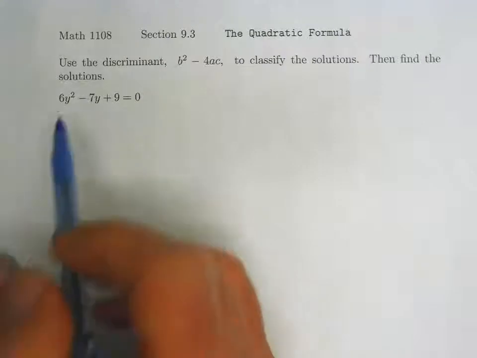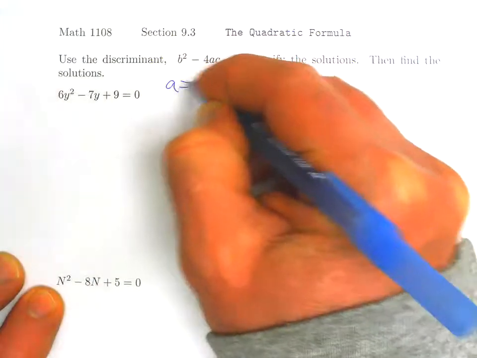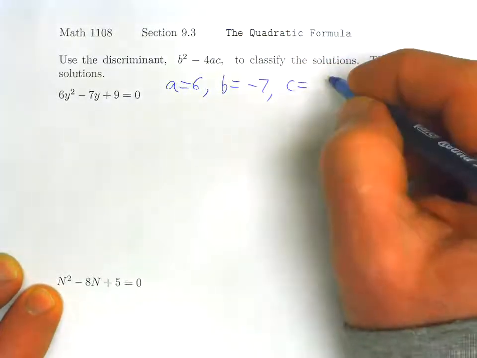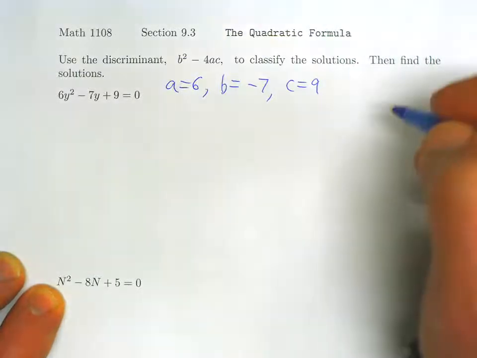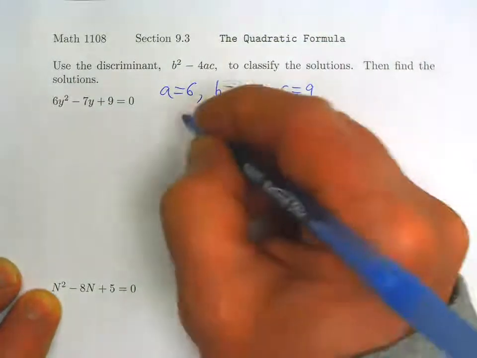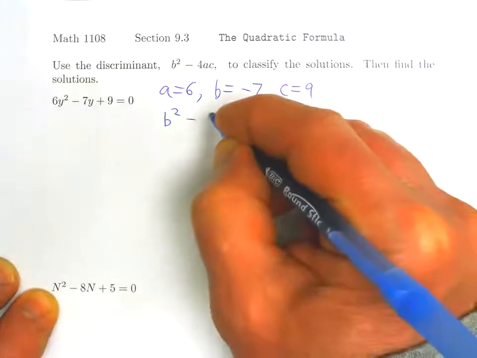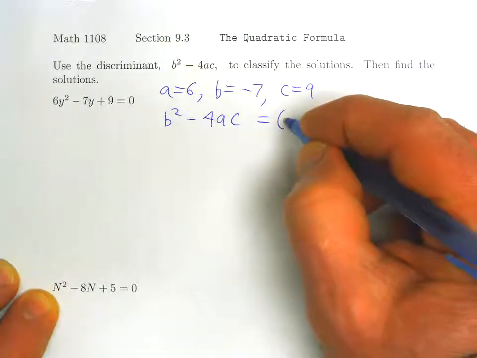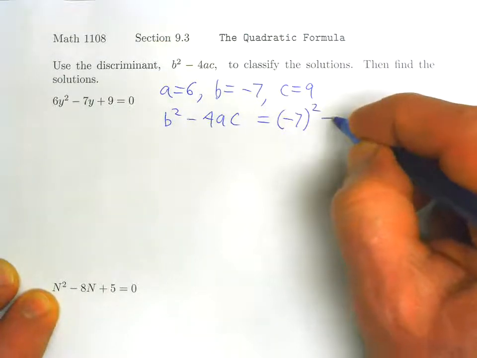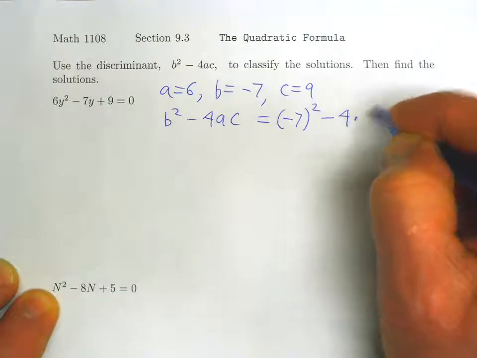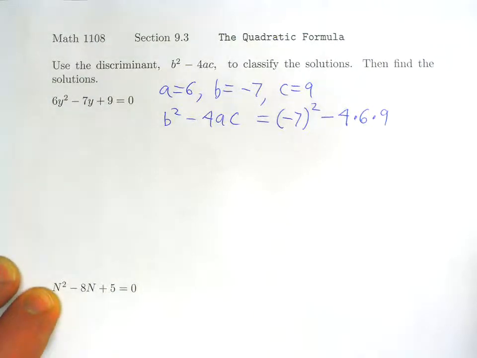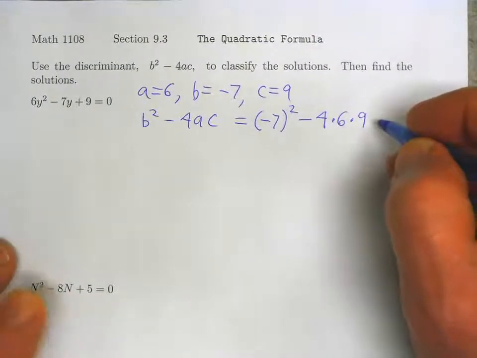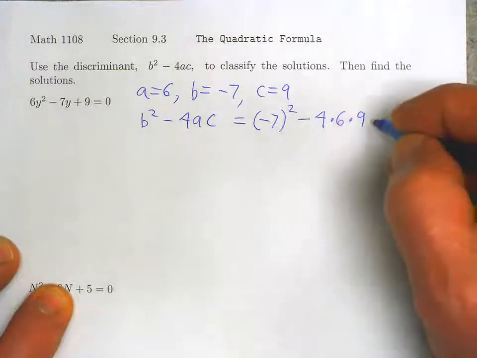Okay, so in this one, a is 6, b is negative 7, and c is positive 9. And so the discriminant, b squared minus 4ac, well, we square the number negative 7, and then we subtract 4 times 6 times 9. So when we square the number negative 7, we get 49.